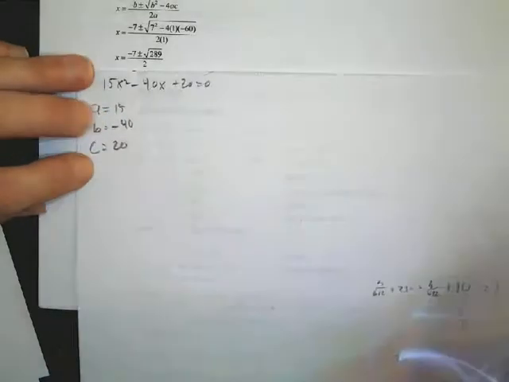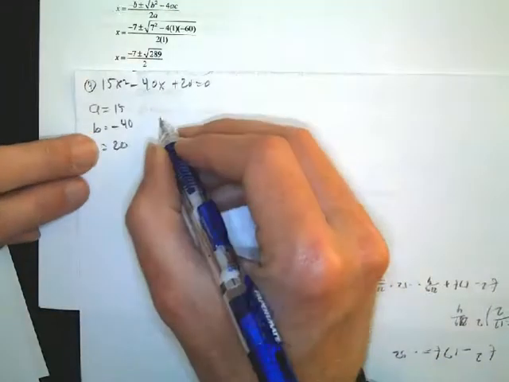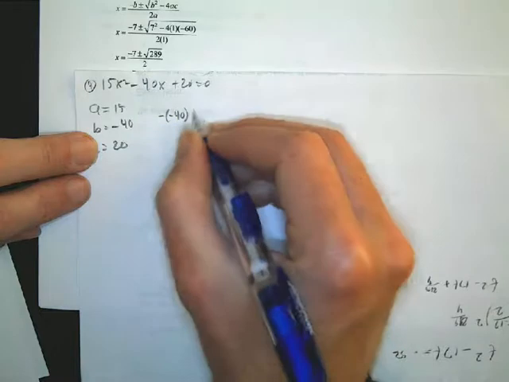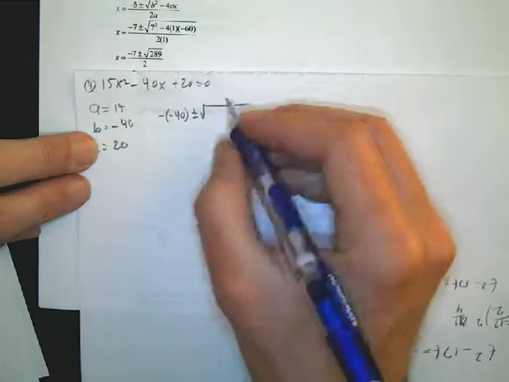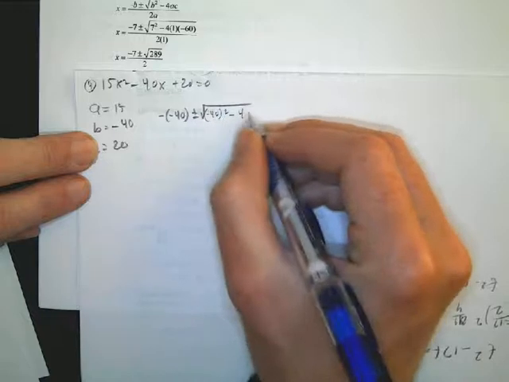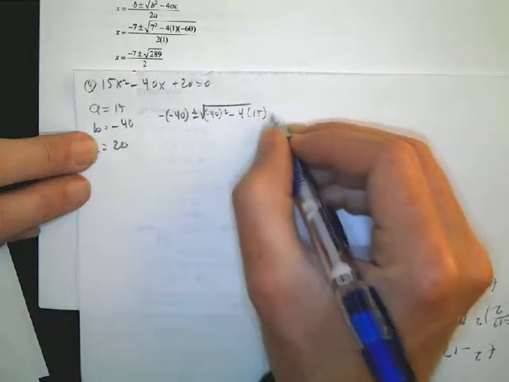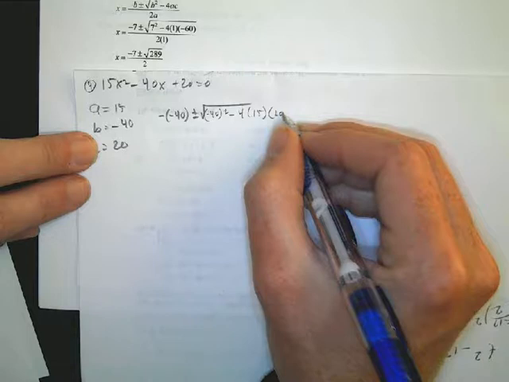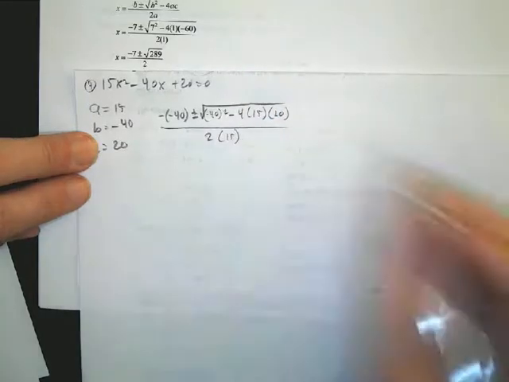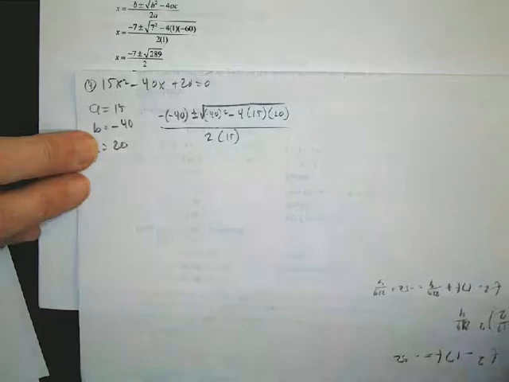So let's use those numbers to solve for, this is again number 9. Alright, so we have -b, which is already a -40, plus or minus the square root of b squared. So -40 squared minus 4 times a, which is 15, times c, which is 20, all over 2 times 15, 2a.